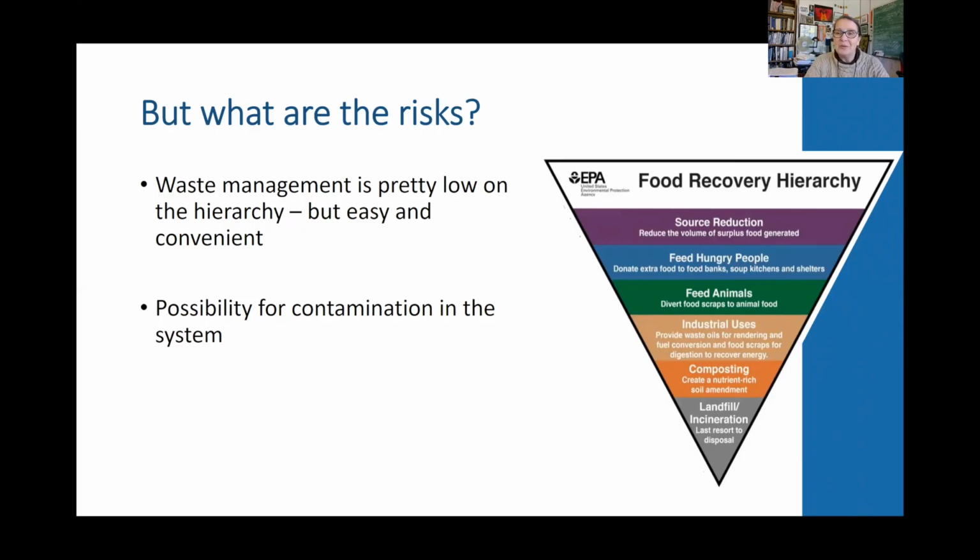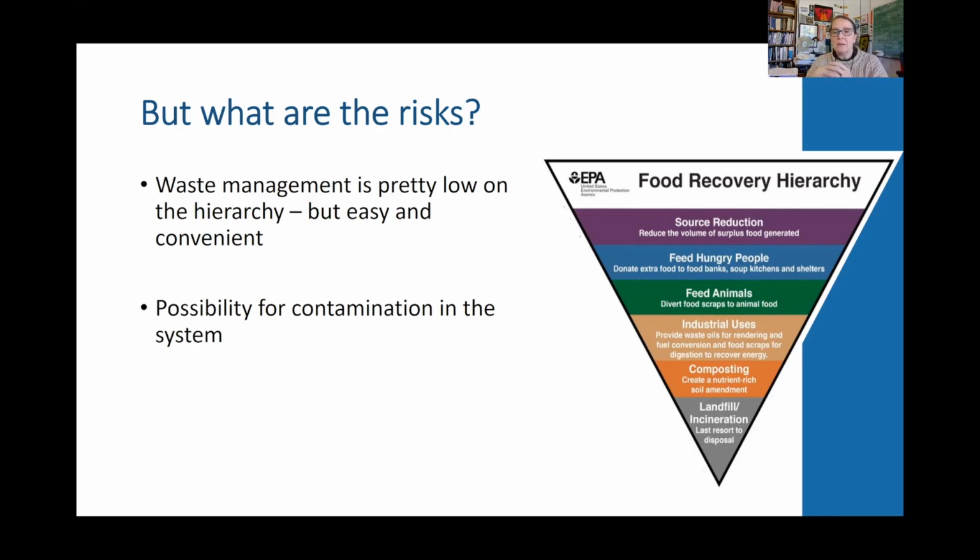However, there's always a but. There's a few risks associated with this approach. The food waste recovery hierarchy set up by EPA puts source reduction, feeding hungry people and feeding animals above industrial uses like recovering energy and materials from the waste.